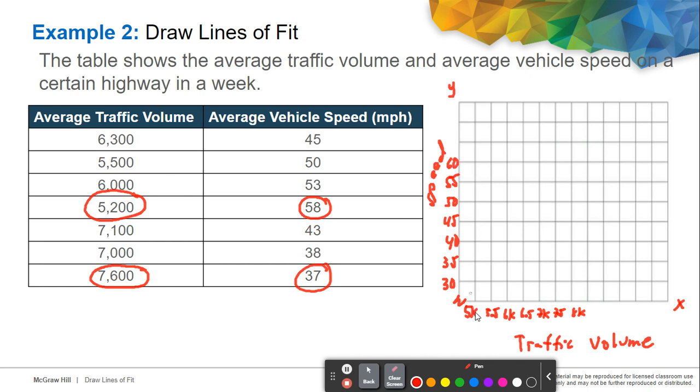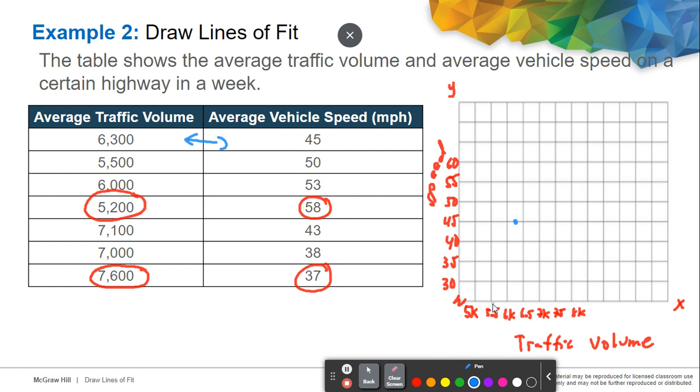Okay, now let's plot our points. So we have 6,300 and then 45. So 6,300 is after 6,000 and then 45 is here. So let's say 6,300 will be like here. 5,500 and then 50.